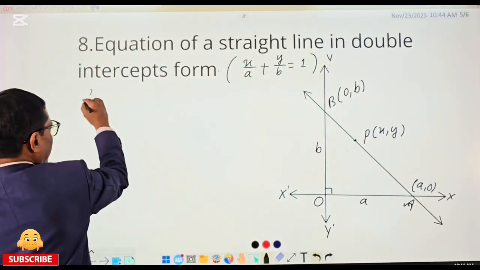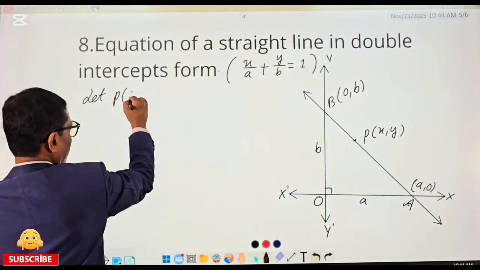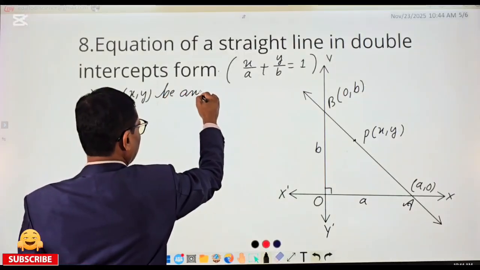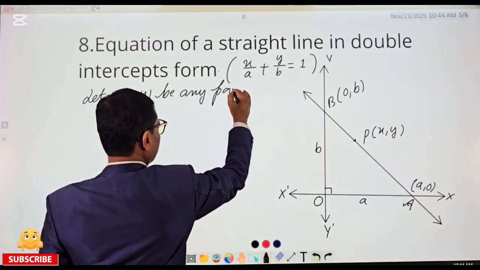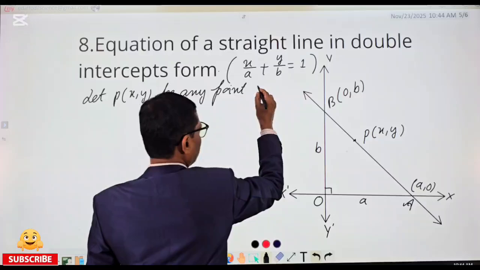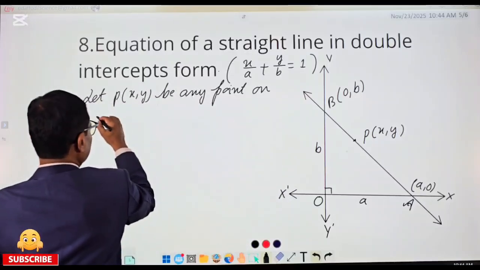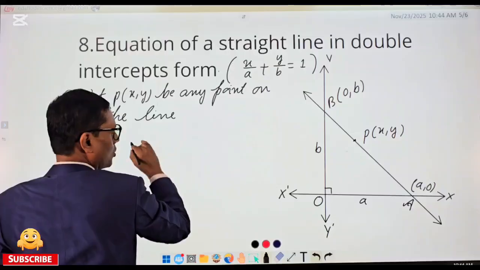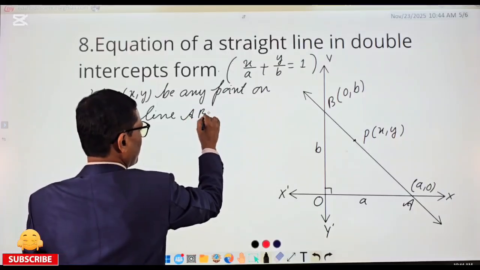Here let P(x, y) be any point on the line AB also you can write, isn't it?